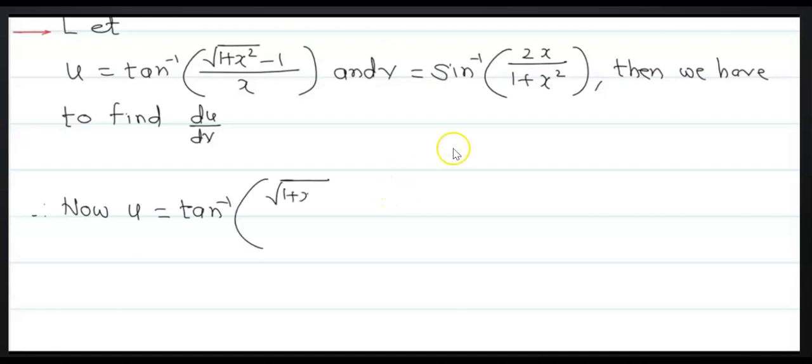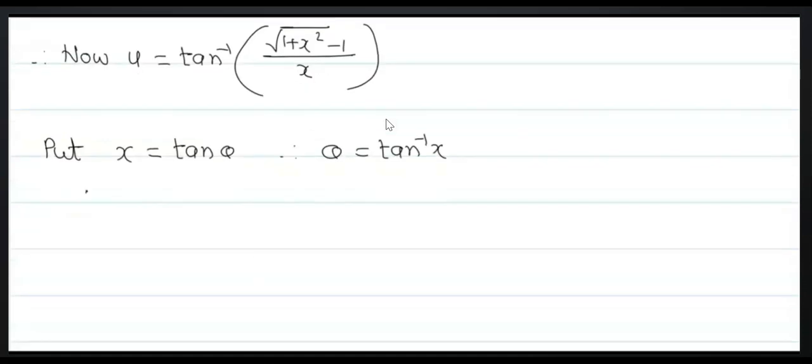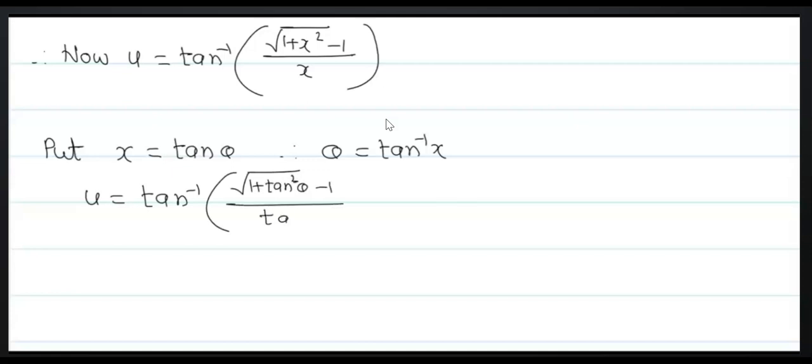Now u is equal to tan inverse in bracket root of 1 plus x square minus 1 upon x. Put x is equal to tan theta, so theta is equal to tan inverse of x. This is the type of substitution that we have seen.